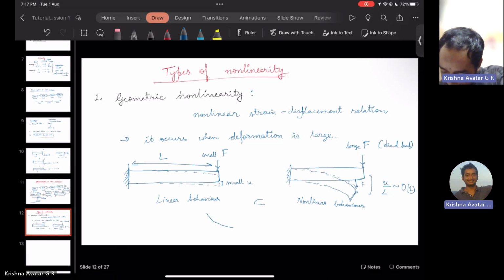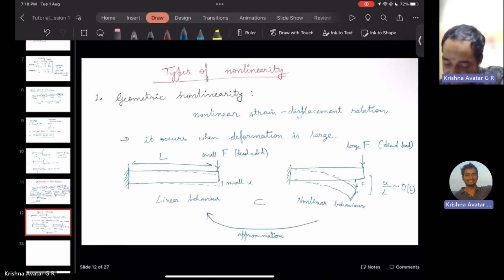So linear behavior is an approximation of nonlinear behavior, and this is valid only if you have small displacement or a small deformation, and the stress and strain relationship is also linear, and the displacement boundary conditions are constant, and applied forces are constant, which here also is a dead load.